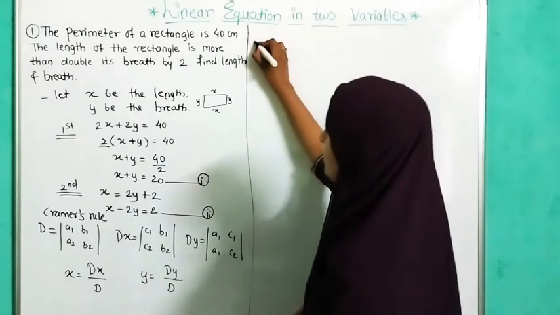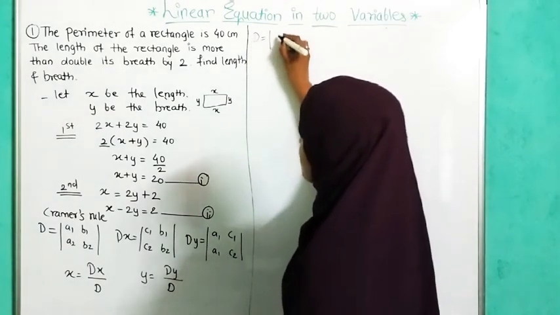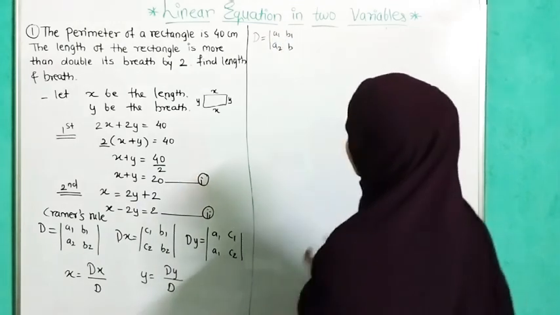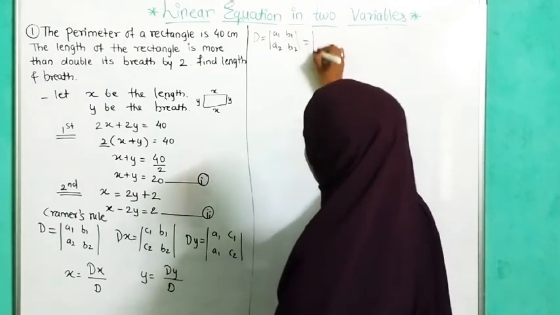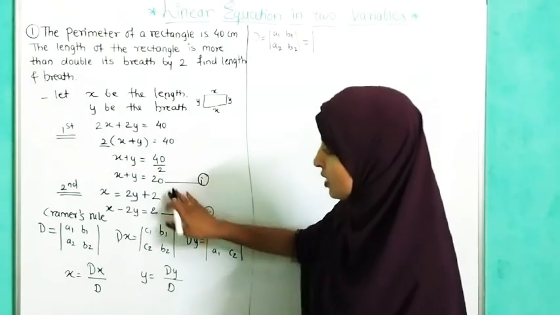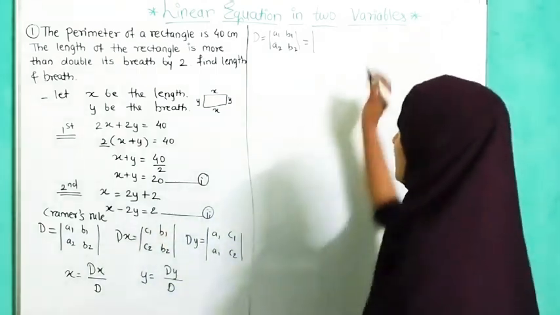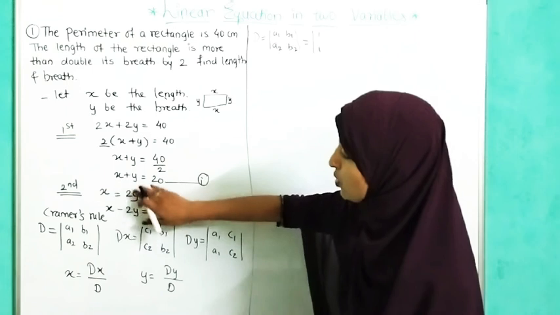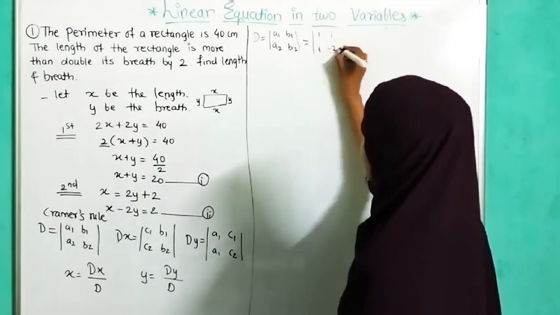First of all, we are going to write D, which is equal to the determinant of A1, A2, B1, B2. Looking at equation number 1 and equation number 2, the values of A1, A2 are 1, 1, and B1, B2 are 1 and minus 2.